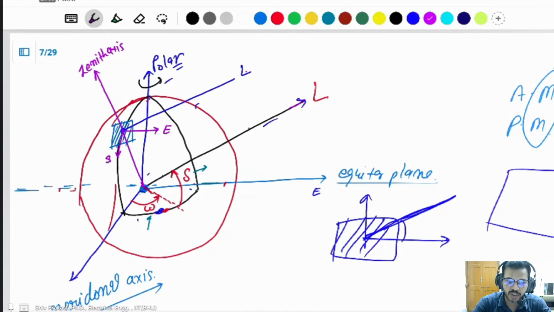If the zenith angle is 0, it means the maximum insolation will occur on the solar plane, the solar plate. So the angle between them is known as the zenith angle, theta z.